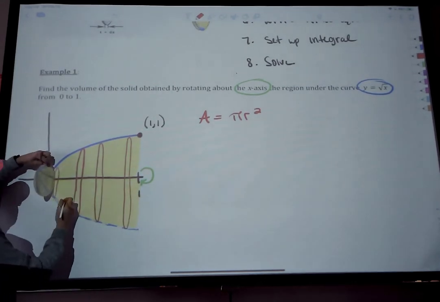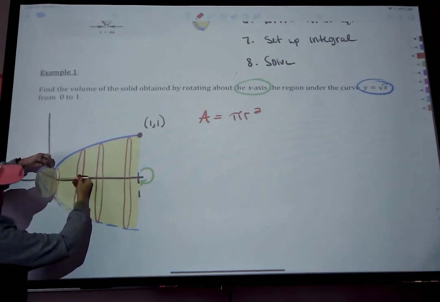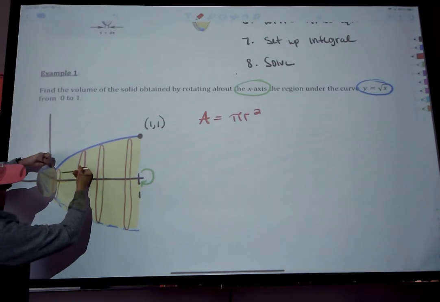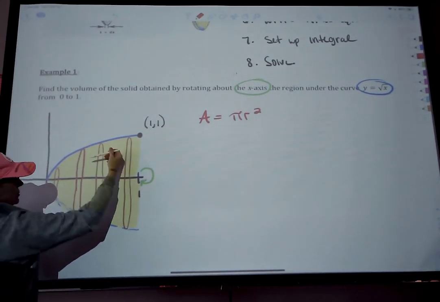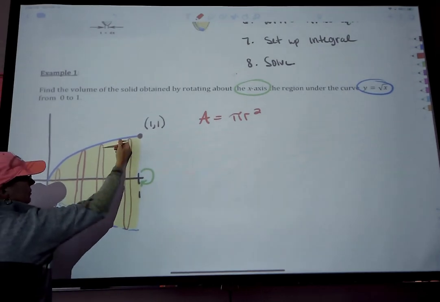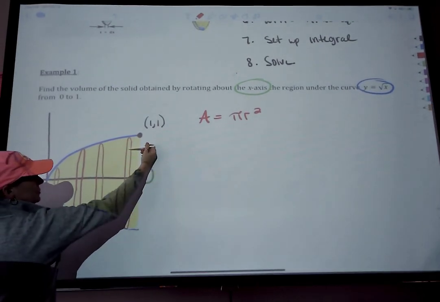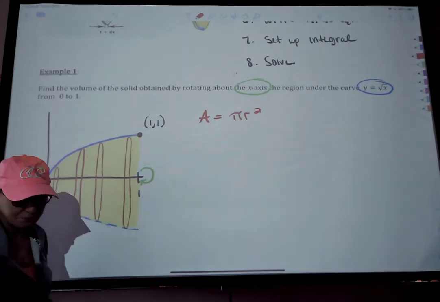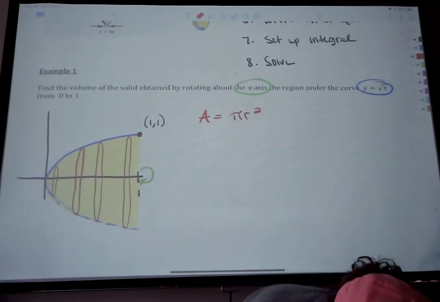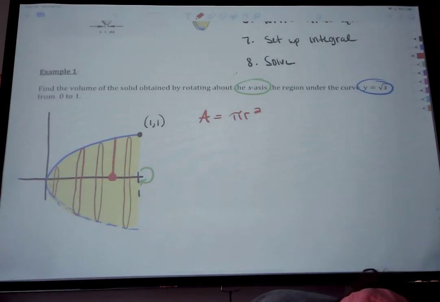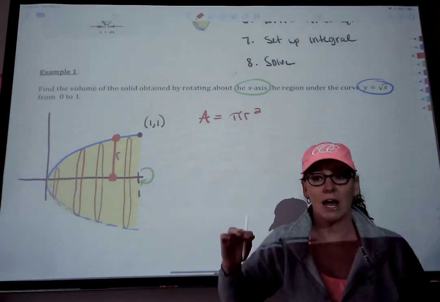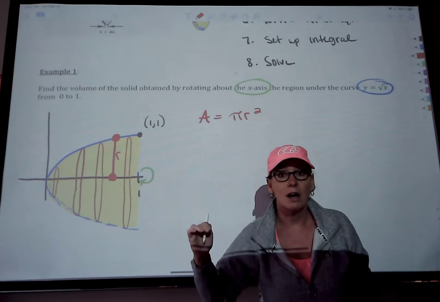The radius of each circle extends from the center of the circle to the outer edge. So I'll draw one. Here is one representation of a radius of a circle.